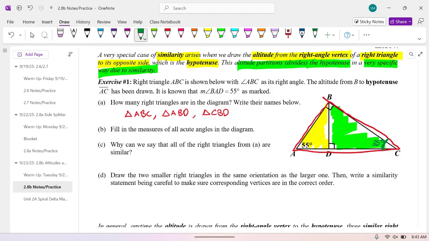Again, this is the right angle, and it's marked right there. It's that green triangle, and we know this angle is 35. So what does this itty bitty angle have to be? 55. So this little angle right here has to be 55 degrees.